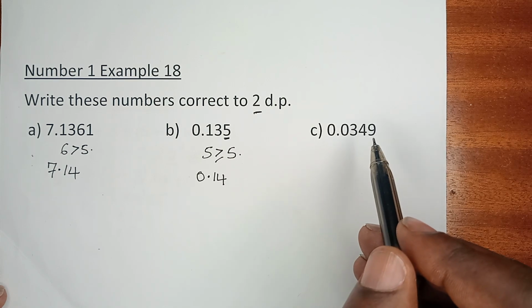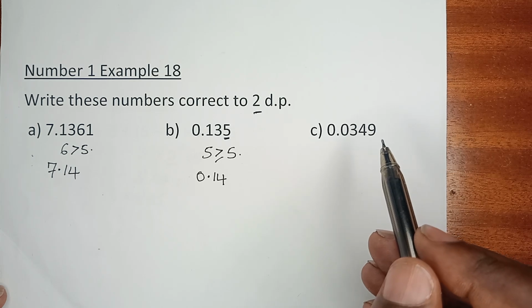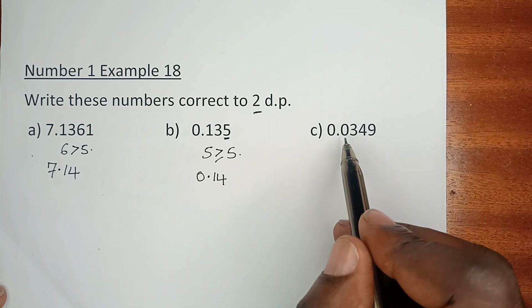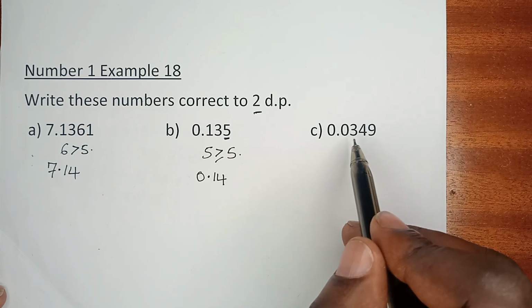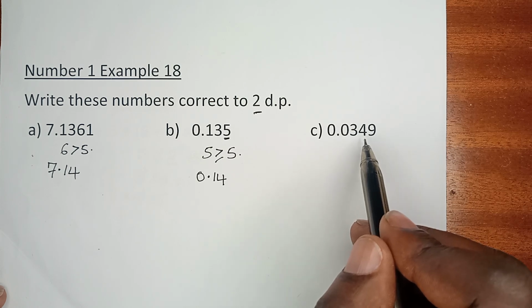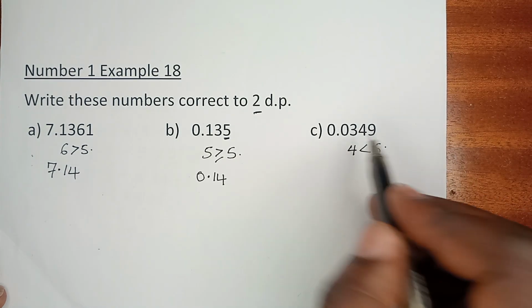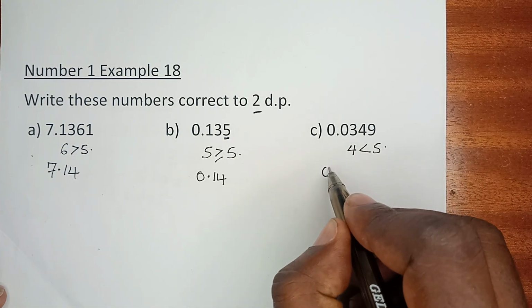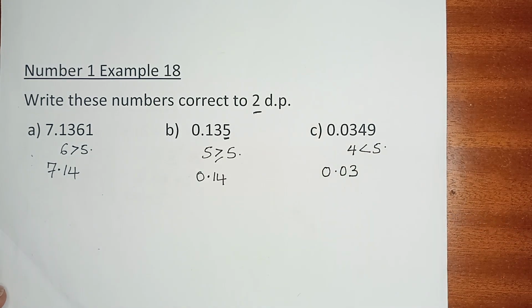As far as decimal places are concerned, we are going to consider this 0 because it is in the first decimal place, followed by 3 in the second decimal place, and the one in the third decimal place is 4. And since 4 is less than 5, it does not affect the 3, so the answer is going to be 0.03, and that is just like it.